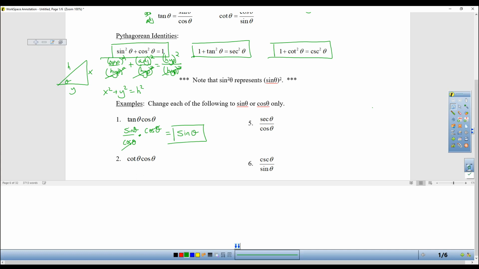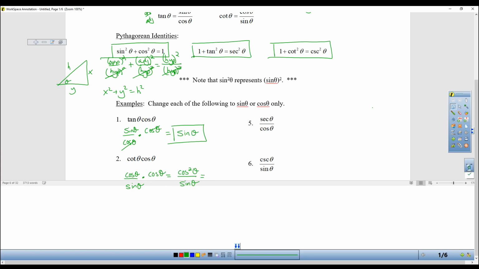This is a section that you can work really hard to do on your own if you would like. That's great. Then just come back and see if you did them right. Cotangent is cosine over sine times cosine. This time it didn't cancel. I get cosine squared over sine.